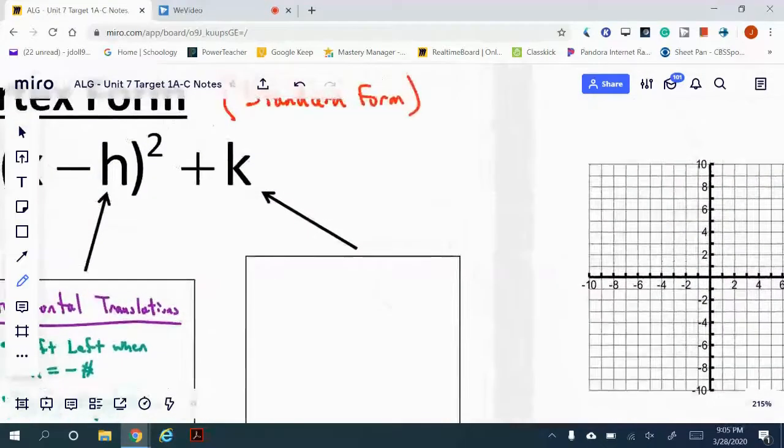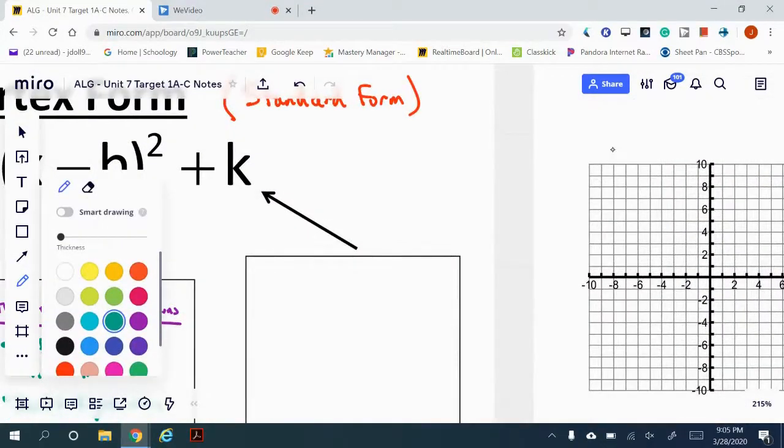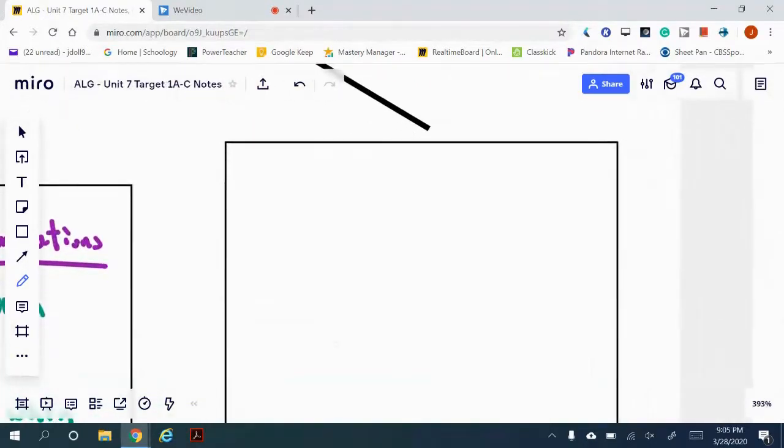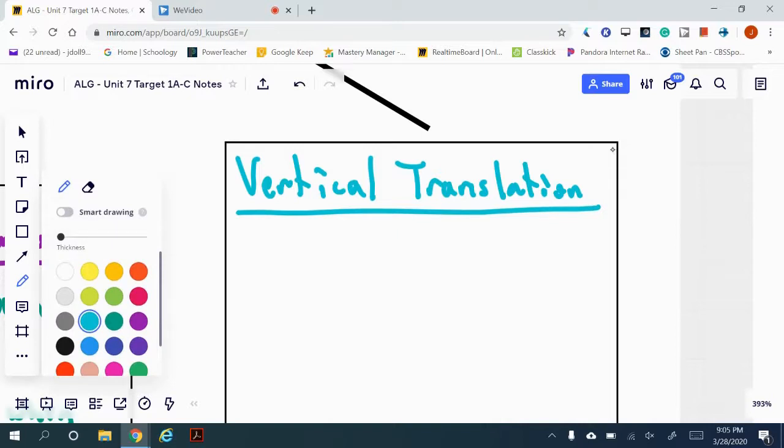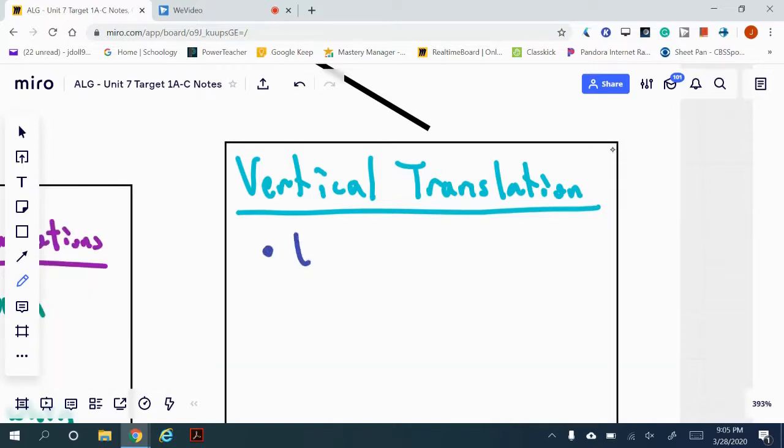All right, let's talk about vertical translations now. That's the other option here, is that we have a vertical translation. And again, just like we could have that go 2 different ways, we can translate up or shift. We'll stick with that same language.